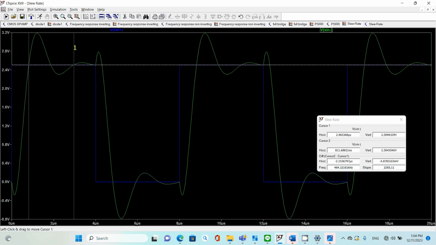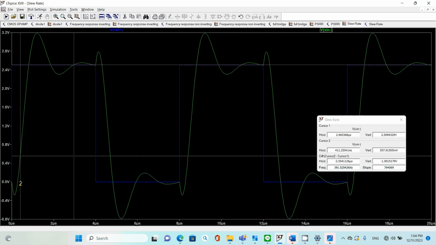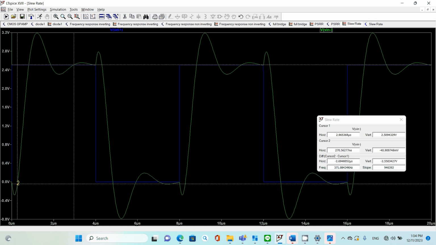This is cursor 1, and for your T you simply go to cursor 2 to 0. From 0 to this point, you can find delta T here, and this is given as 2.68 microseconds. That's settling time. Okay, that's all about slew rate.